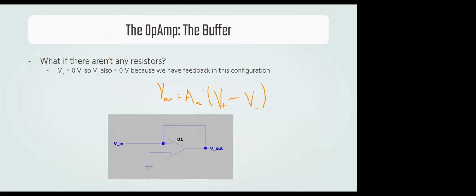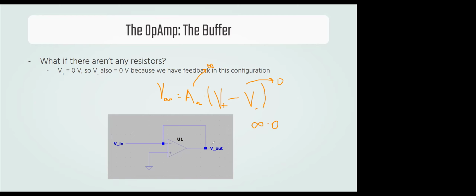But remember, A_OL is infinity. And if this term is zero, we get an expression that's like infinity times zero. That's not infinity, but it's also not zero. It's just some number. It's called an indeterminate form. If you've done calculus, you know that this term is not zero or infinite. It's indeterminate. We don't know what it is.